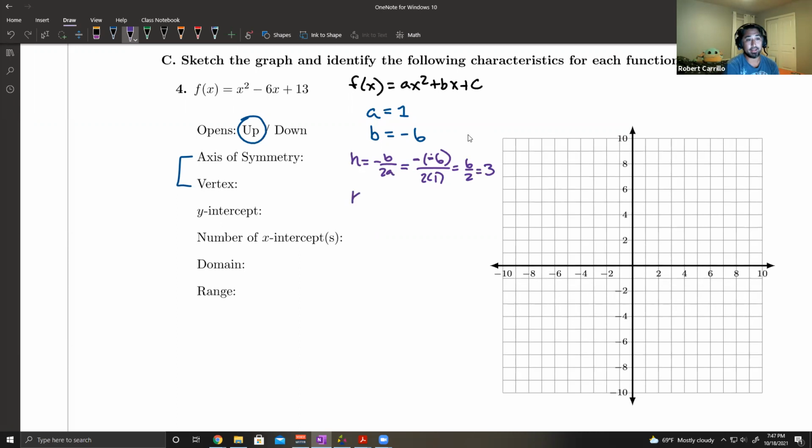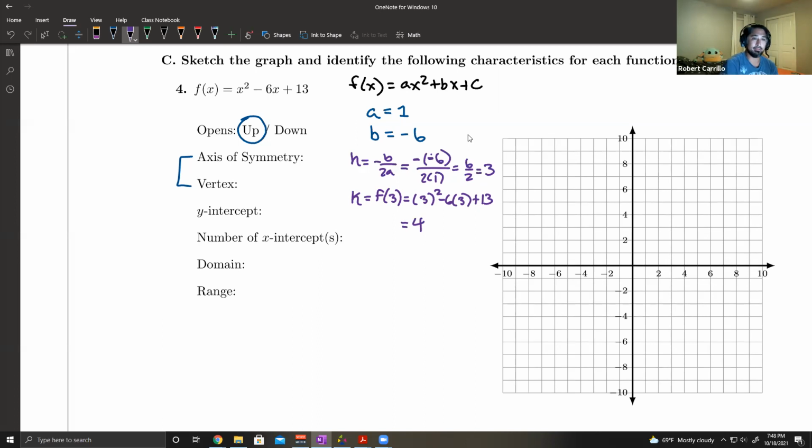And now we need to find k, which means you will take 3, plug it back into the function above, and that'll give you 3 squared minus 6 times 3 plus 13. What is that? 9 minus 18, which is -9, and -9 plus 13 gives me 4.